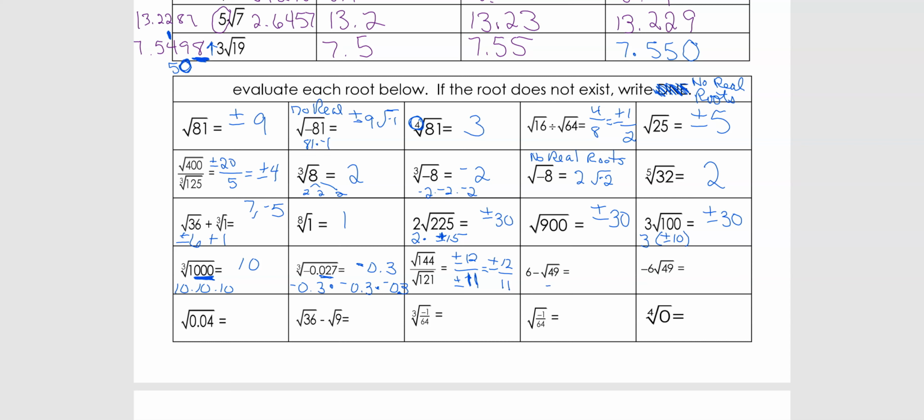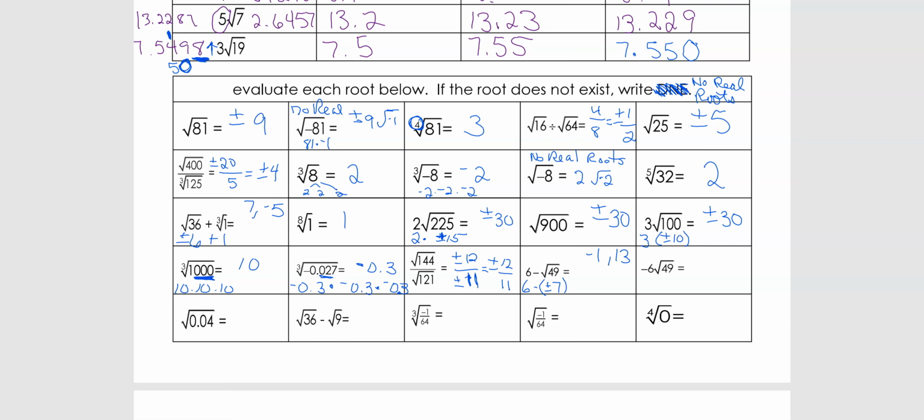The square root of 49 is positive or negative 7. And I'll put that in parentheses because we have a minus in front of it. 6 minus negative 7, minus minus. Remember that's a double negative, so that's positive. So it's going to be 13. 6 minus positive 7 is negative 1. Make sure you do both answers.